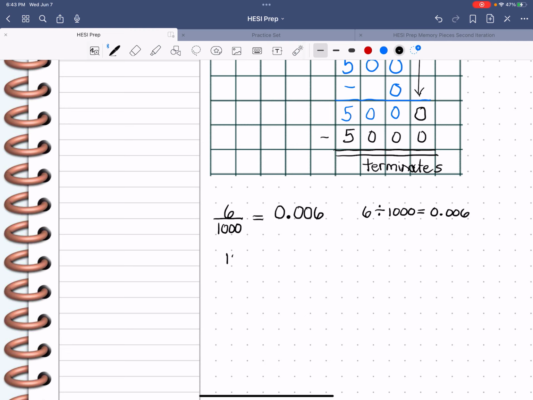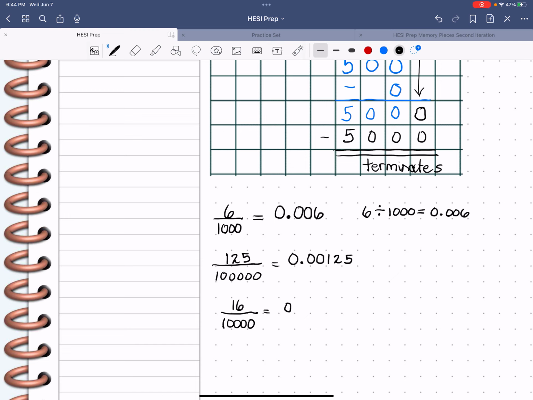Okay, how about this one? 125 hundred thousandths. You can type it in your calculator or you can write it by counting your places. Tenths, hundredths, thousandths, 10 thousandths, 100 thousandths. Next, 16 over 10,000.